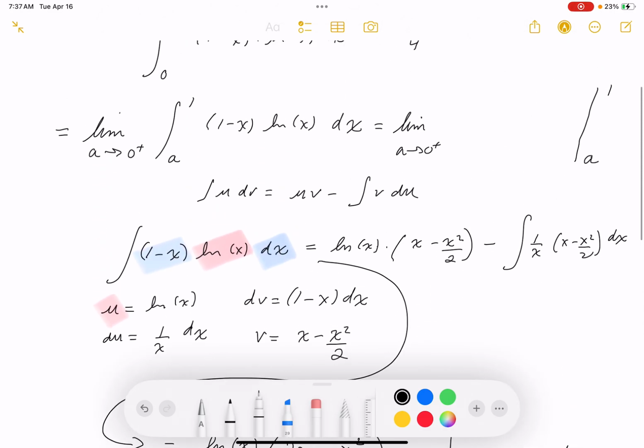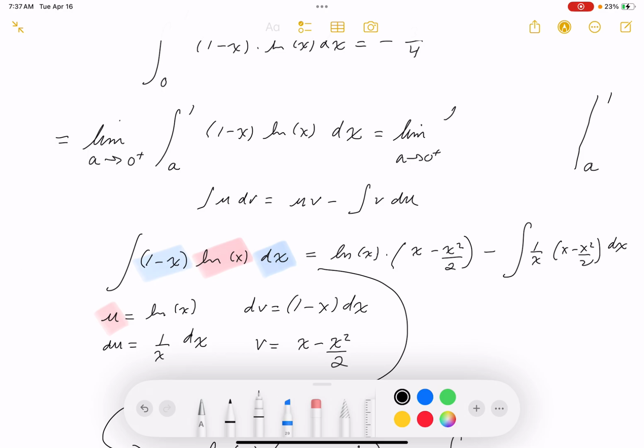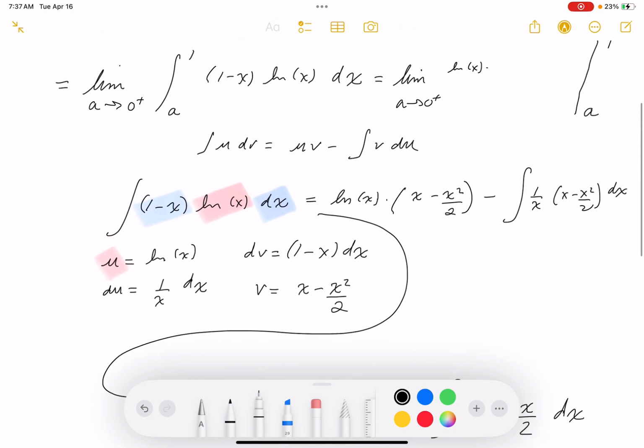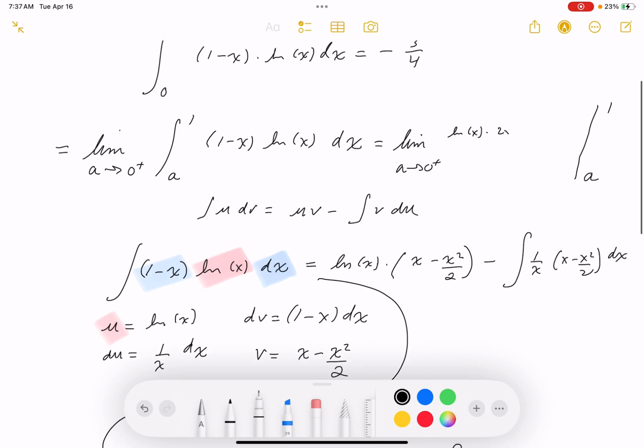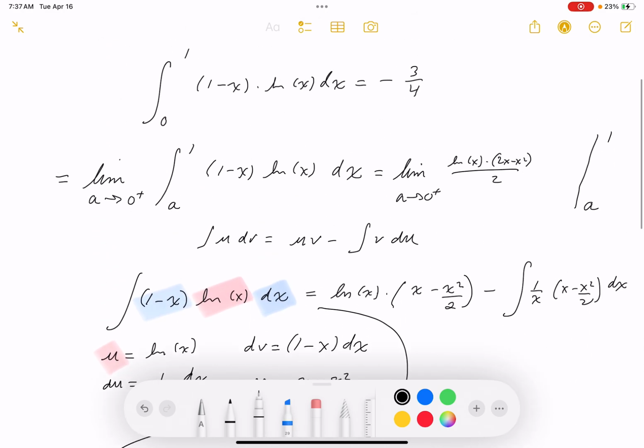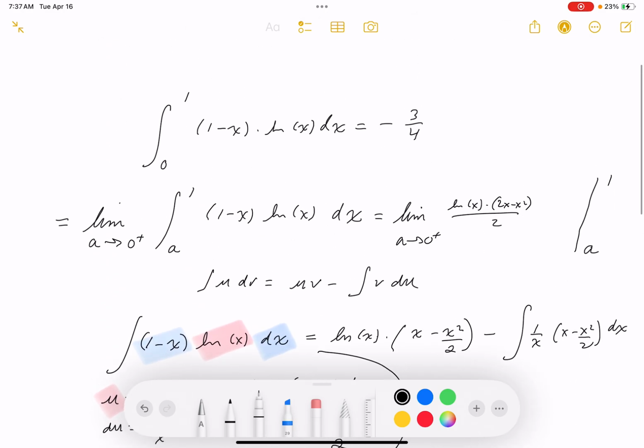So natural log of x, I'm going to jam that in there now. You know what I'm going to do? I'll just do it at the bottom now. I guess I should write this in just to be neat, though. Natural log of x times 2x minus x squared over 2, and then it's going to be minus x plus x squared over 4.